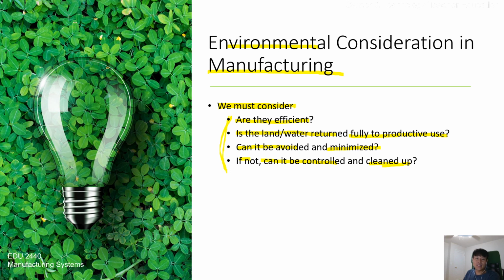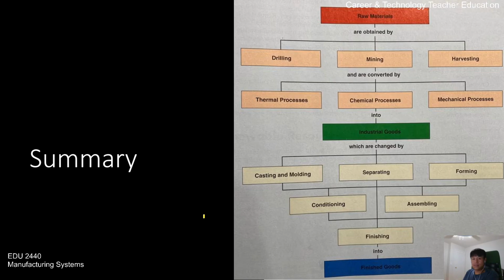All right, that's it. This is the summary, the overview of the manufacturing process. These are interesting and exciting topics. Raw materials are obtained by drilling, mining, and harvesting, and then are converted by thermal, chemical, and mechanical processes into industrial goods.